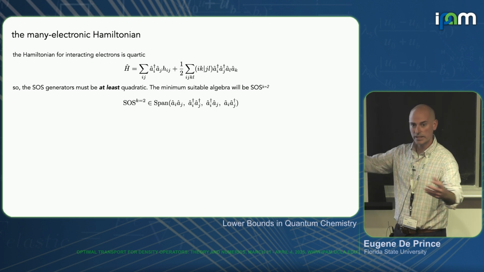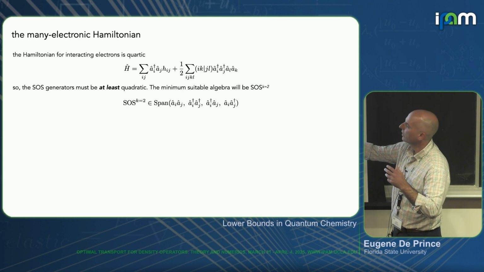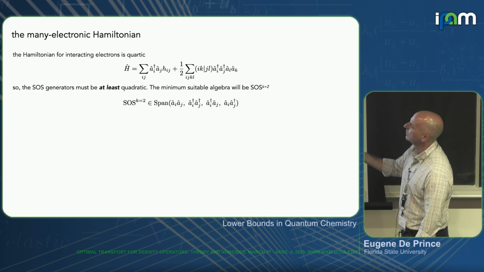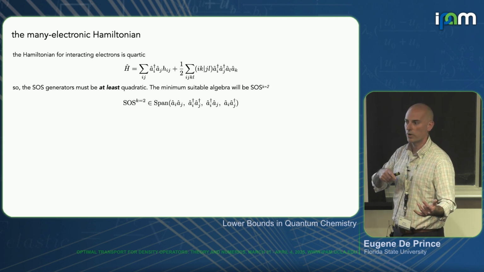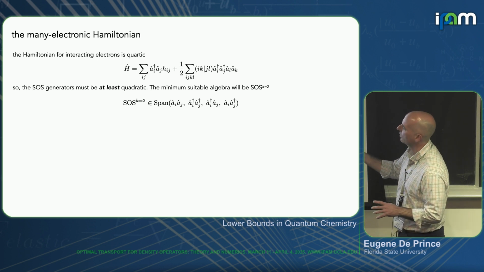I say at least because I could have as many operators as I want as long as when I evaluate the sum of the squares of them, I end up with only one and two-body operators. So that should remind you of the T1 and T2 conditions I mentioned a while ago. I should have mentioned those don't actually involve three-particle operators.